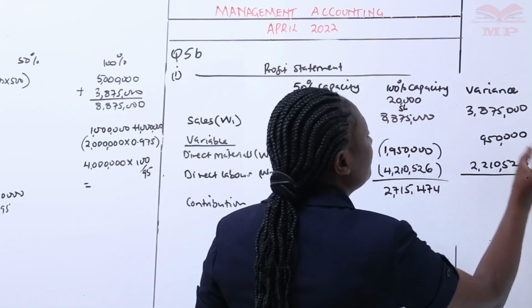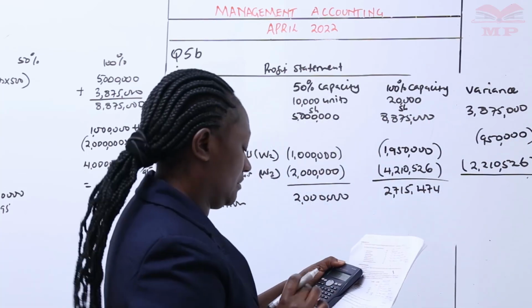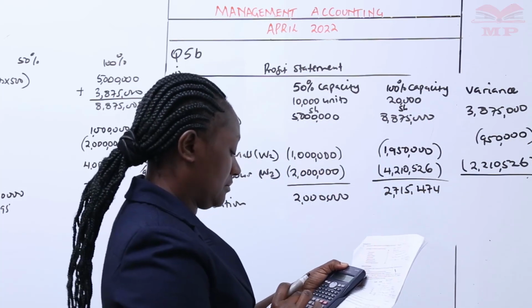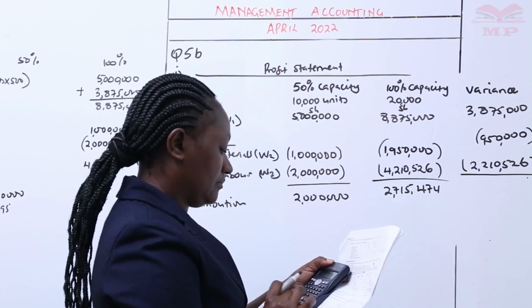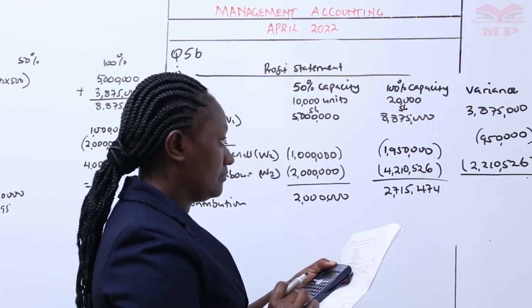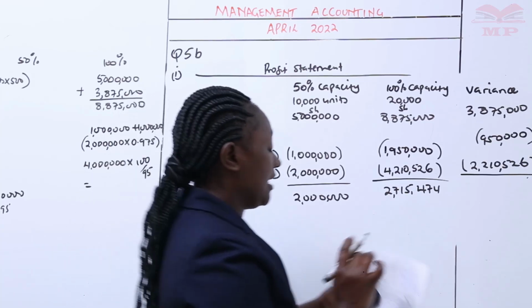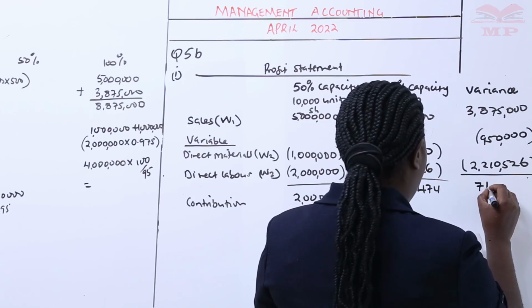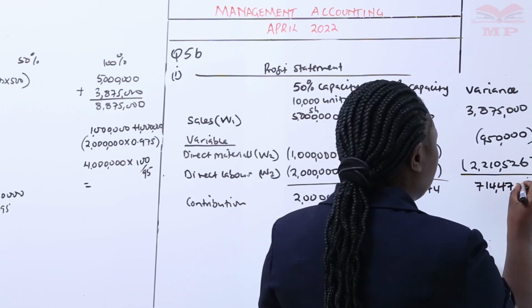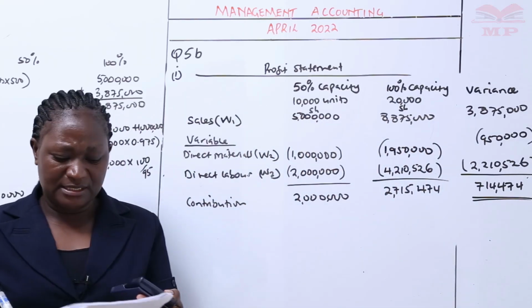Then lastly, we'll show the variance. And the variance will be 714,474.